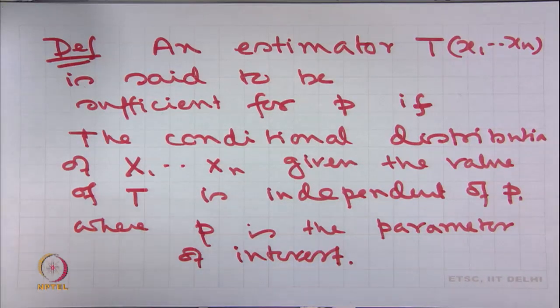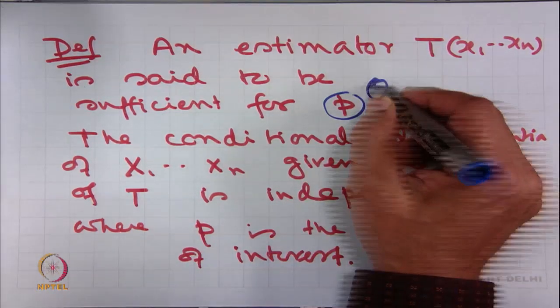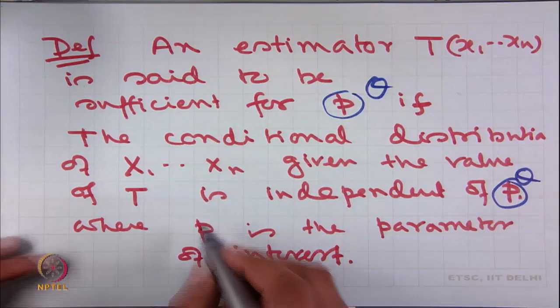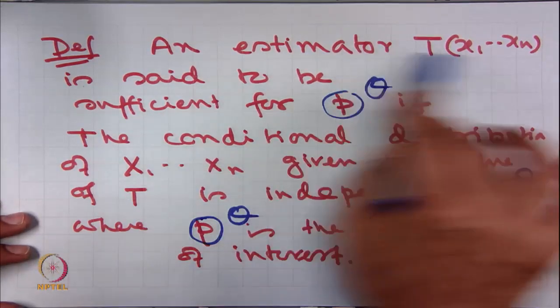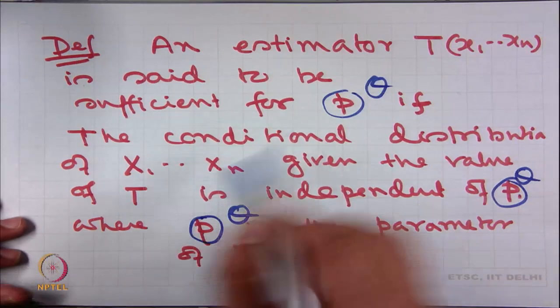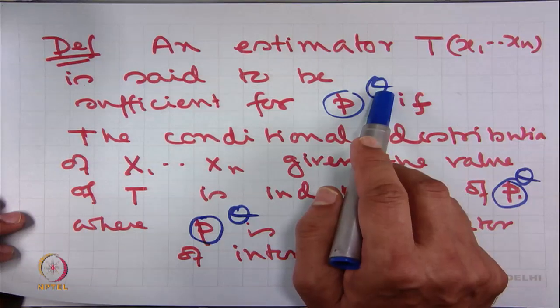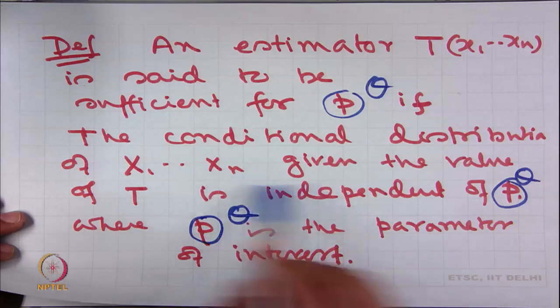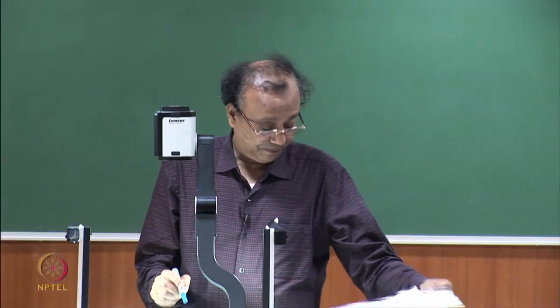Or in other words, if instead of p we call it theta, we can say that T(X1, X2, ..., Xn) is said to be sufficient for estimating theta, if the conditional distribution of X1, X2, ..., Xn given the value of T is independent of theta. So, let us look at it for Bernoulli.